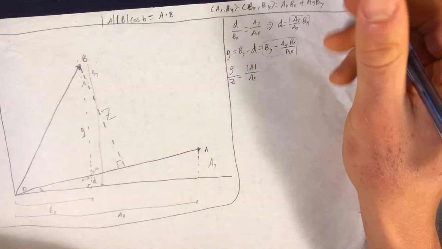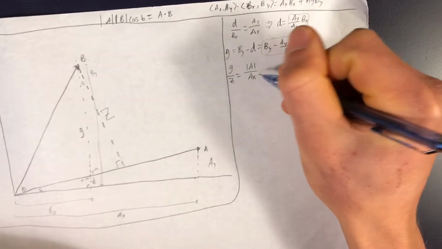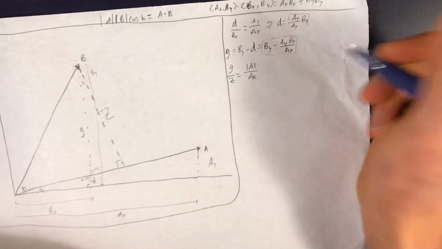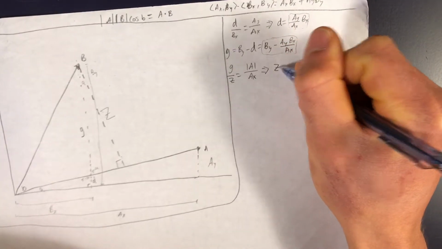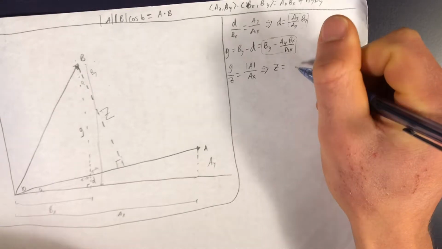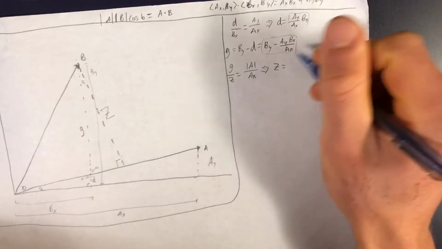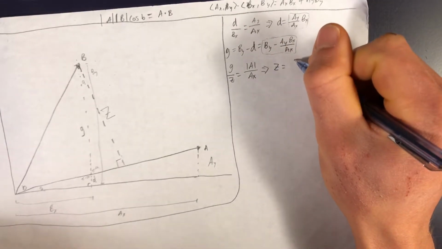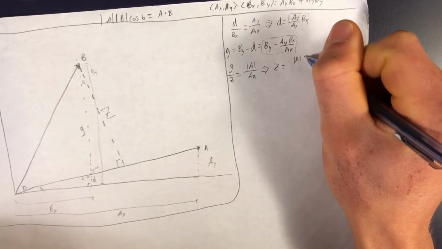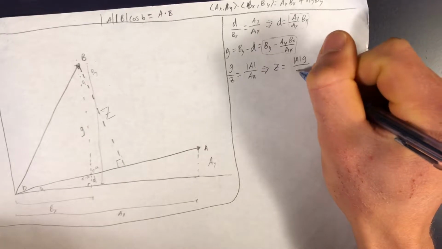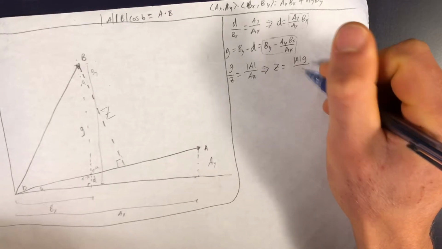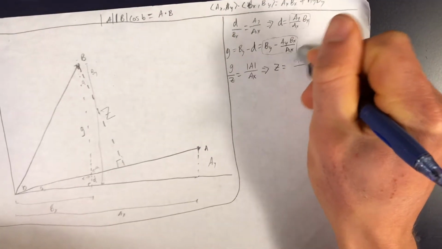Okay, and solving for Z is equal to, what is that? Absolute value of A times G over, you know what? It's actually, dang it.